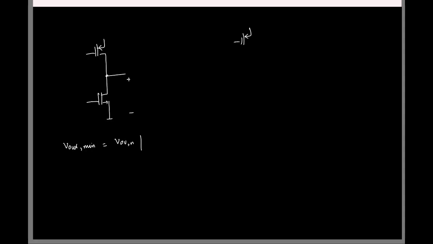So now we are taking the second stage and adding a source follower, and this is our output. So let's say this is some MC and MD. So now what is the minimum output I can have?